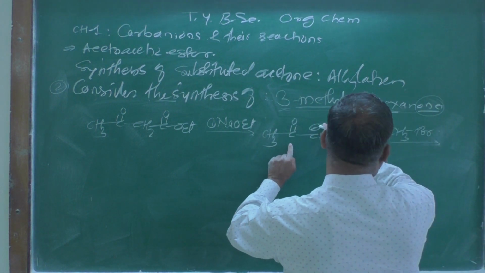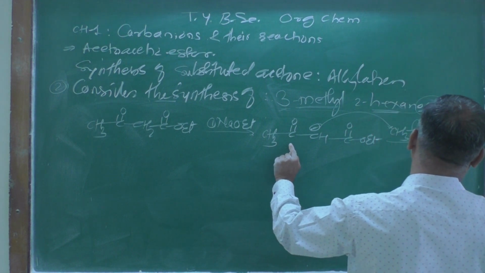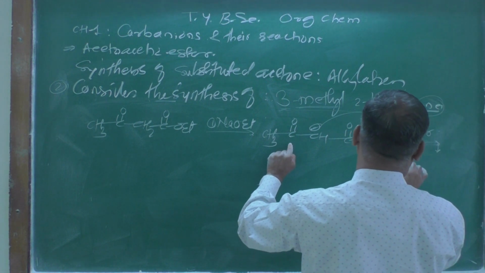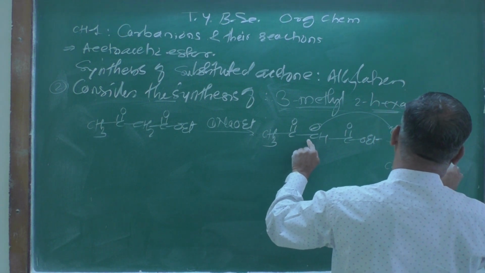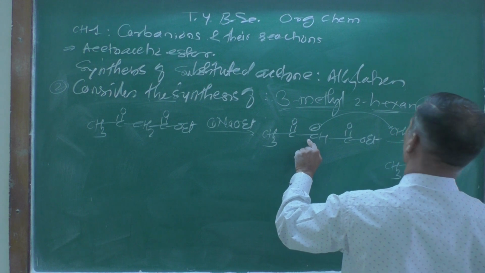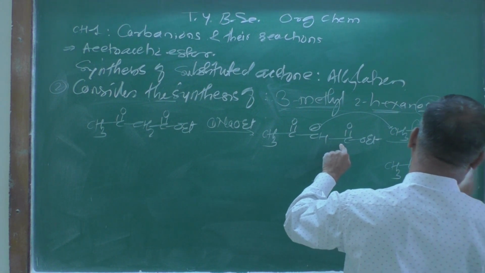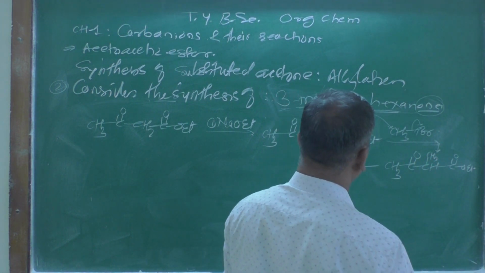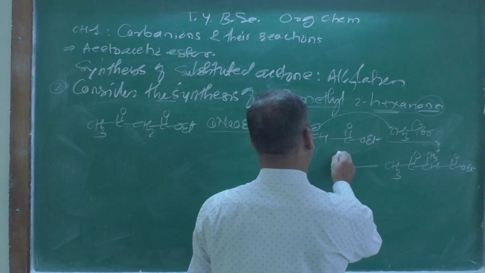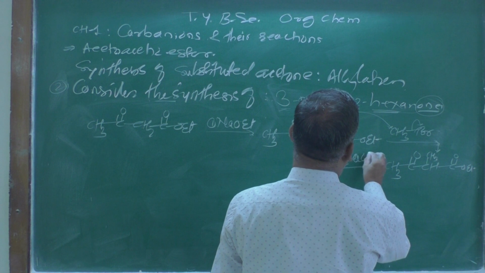So now this negative charge is going to attack that CH3, Br is the leaving group, so that you are going to get over here CH3 C double bond O, then CH with the methyl group I am writing over here, then C double bond O, then OEt, right? Then next, I am again treating with sodium ethoxide, NaOEt.